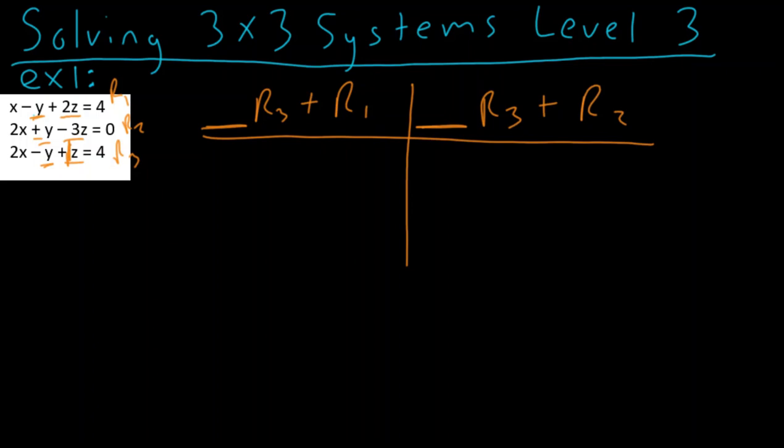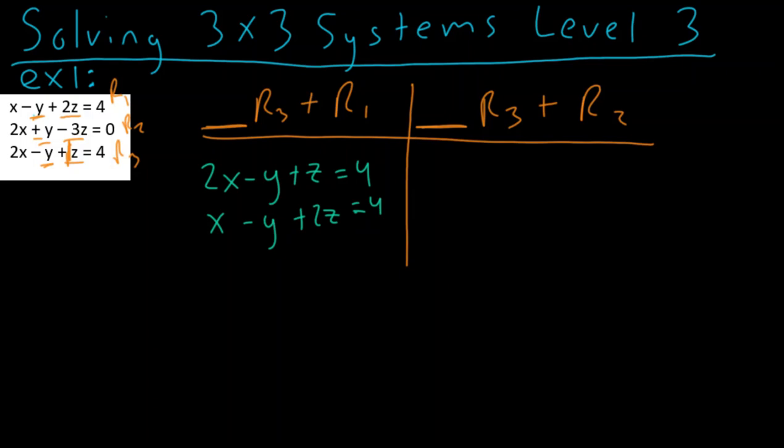Okay, so let me go ahead and write this out, and let's see here. What would this look like? So row 3 has a 2x minus y plus z equals 4, and row 1 is x minus y plus 2z is equal to 4 as well. Okay, and I want to cancel out my z's.